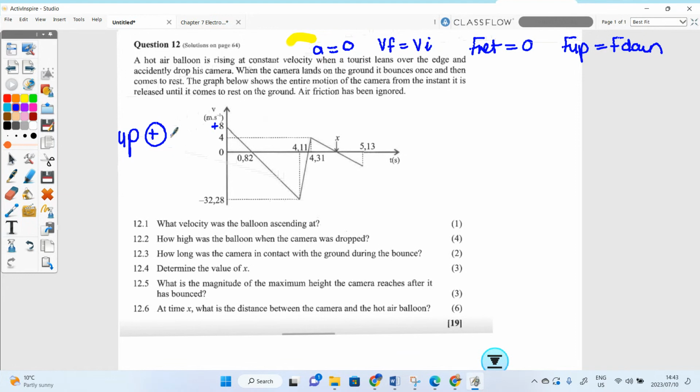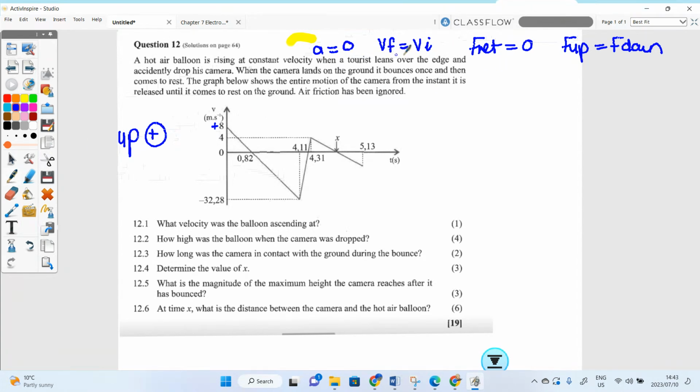If you want to do it for yourself, it's a good habit, because then you stick with that for the rest of the question. Don't go and change it. Because if up is positive, then g, gravitational acceleration, would be negative. So always think through those things when you get a question.